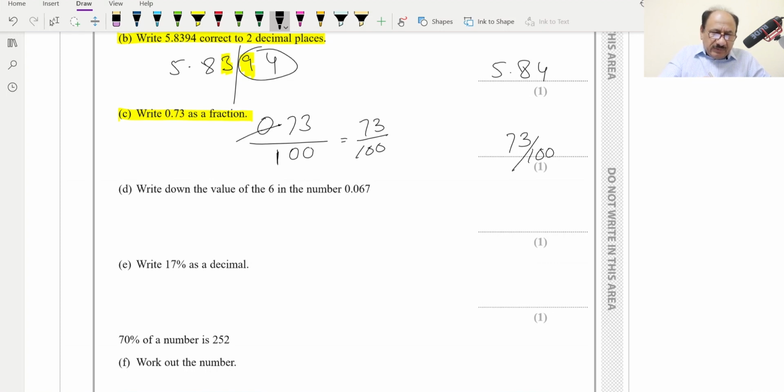Now next, D part, write down the value of the 6 in the number 0.067. So we have to write the position of this one, and we know after the decimal the first position is tenths. So after the decimal the first position will be tenths, and the second position will be hundredths.